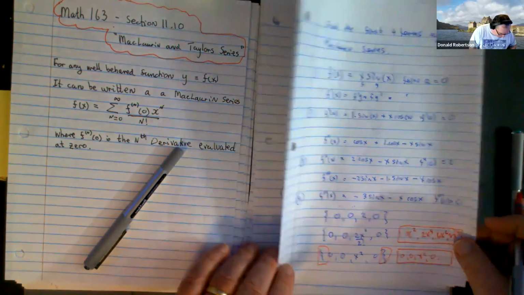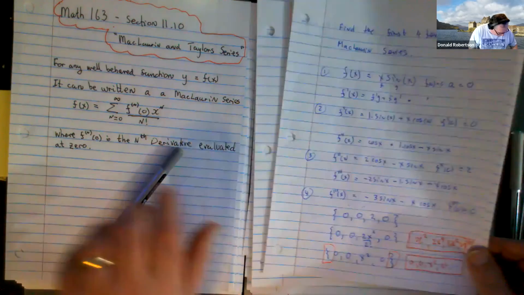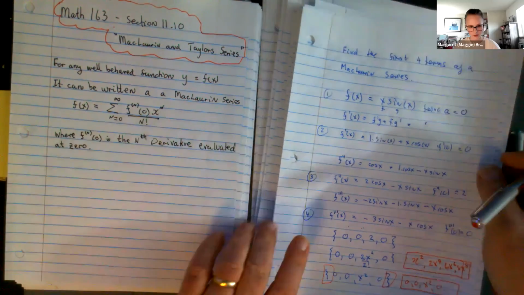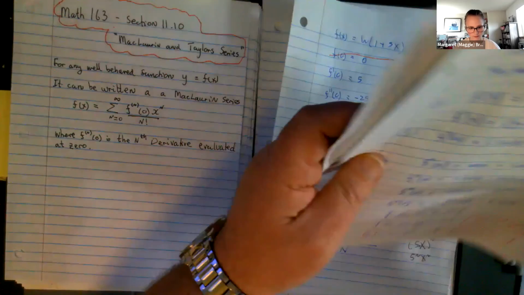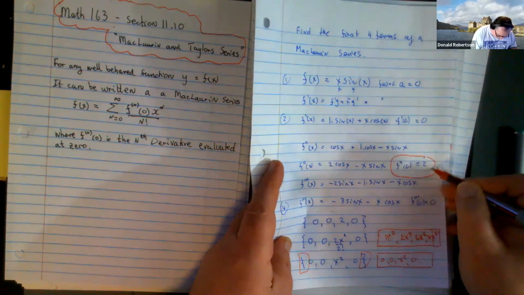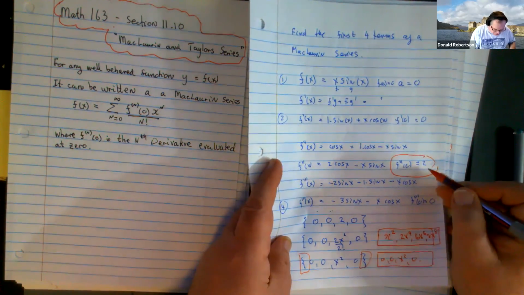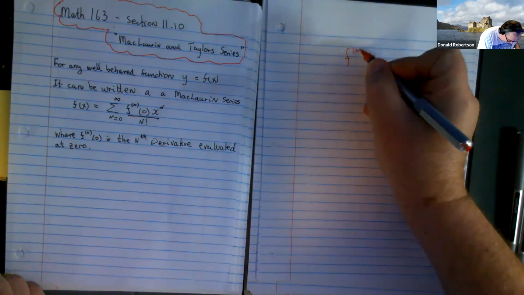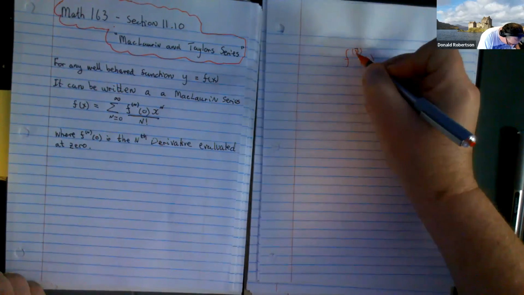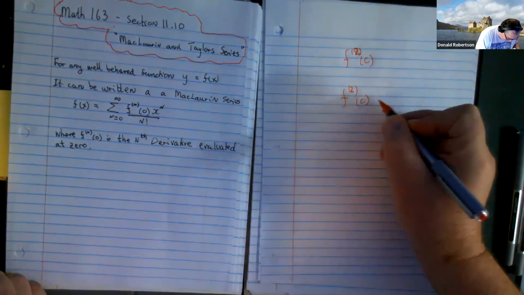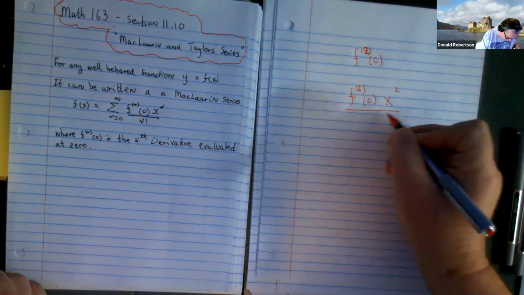Okay, so if you write down a particular one, the only one that came out as a number is 2 on the second derivative. So the term you would use is the second derivative at 0, x squared over 2 factorial.